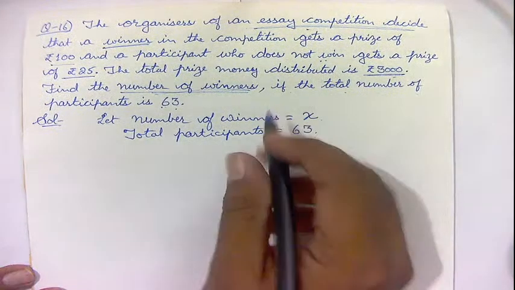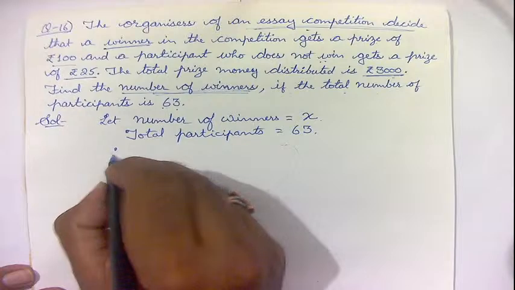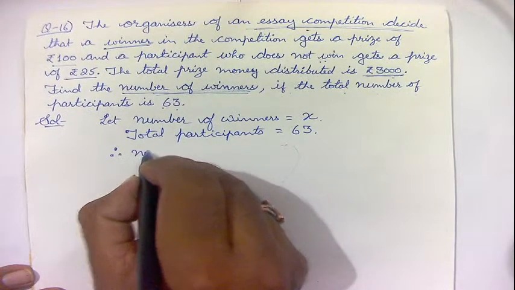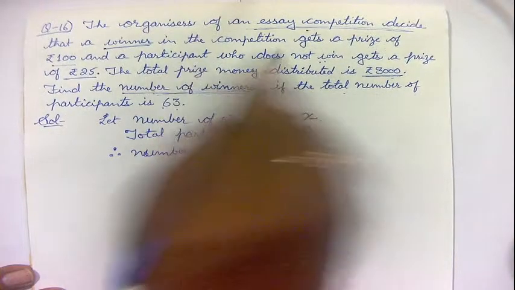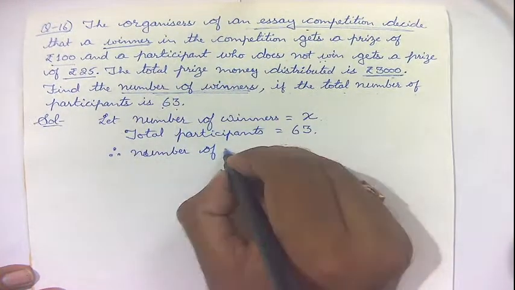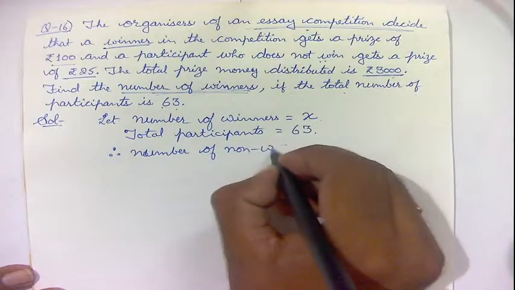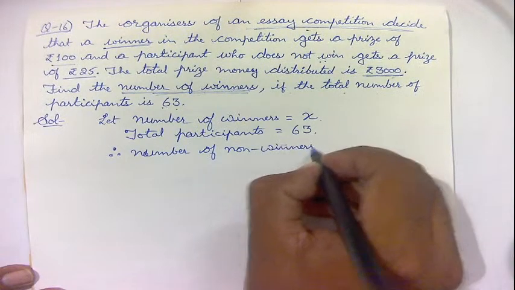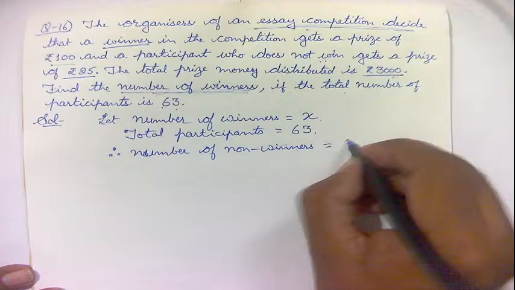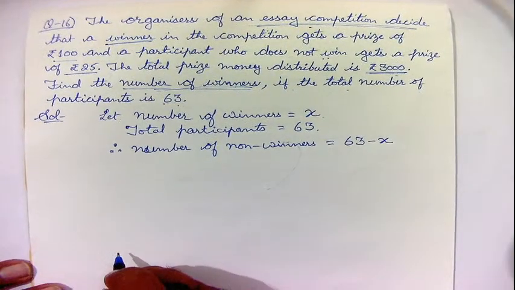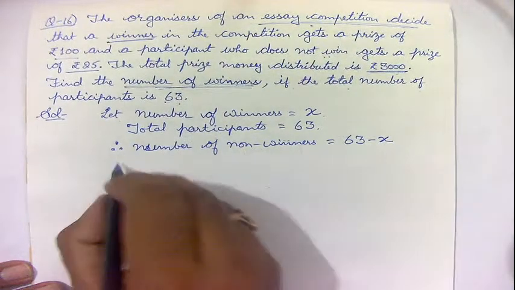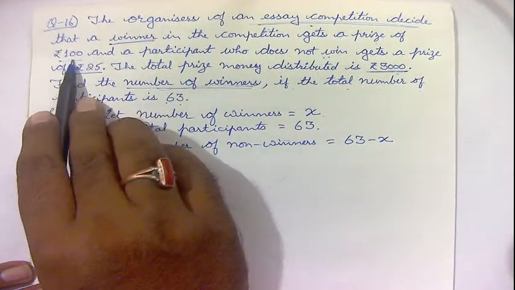If total participants are 63, then number of the ones who do not win, means non-winners. Let us say they did not win. So how many non-winners are there? 63 minus x. Okay. So now a winner gets rupees 100.